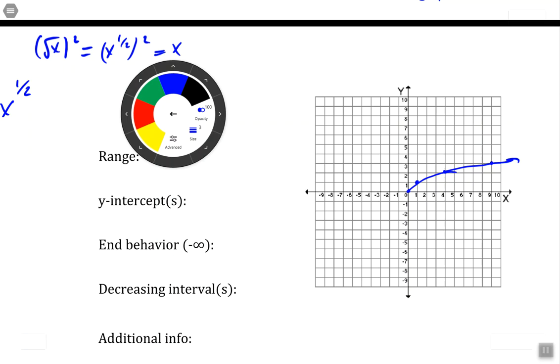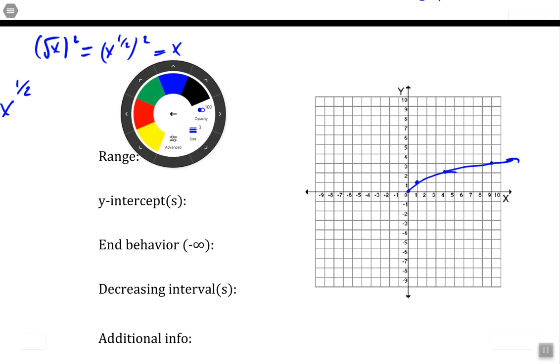No. Do we have to restrict our domain? When I say restrict, that means it doesn't exist everywhere, so we have to tell someone what values for x are valid. You can't put in negative numbers unless we do imaginary, and we're only keeping it real.